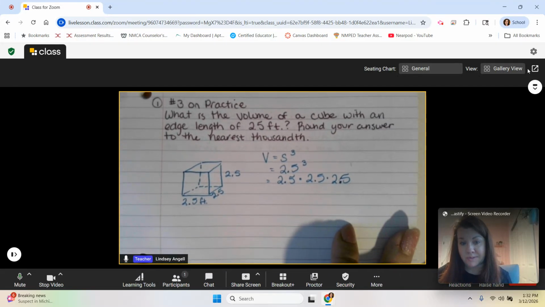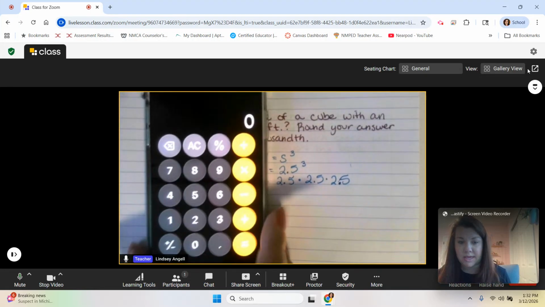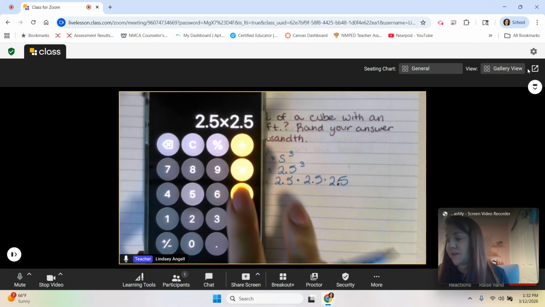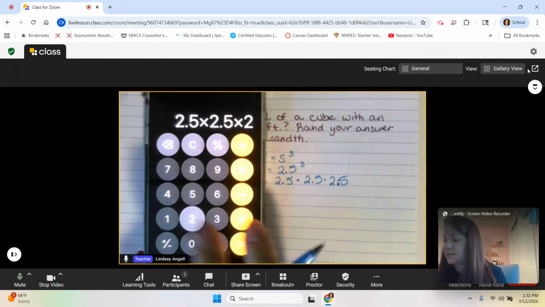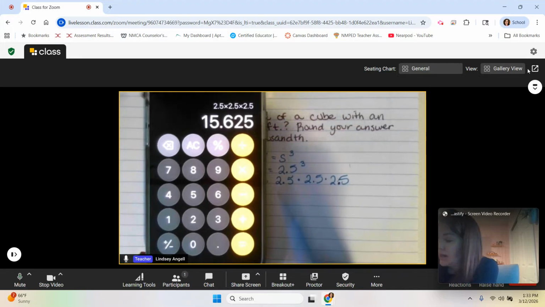Then you have to pay attention to what it's asking you to round to. Let me get my calculator up and then we can look at it together. You could do this multiple ways. You could use the cube key if you're using a scientific calculator, or you could also just do 2.5 times 2.5 times 2.5.